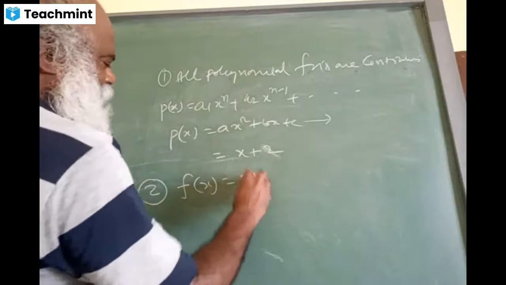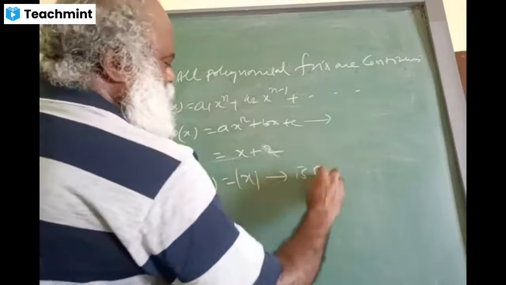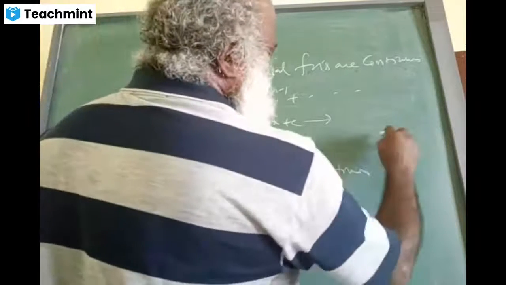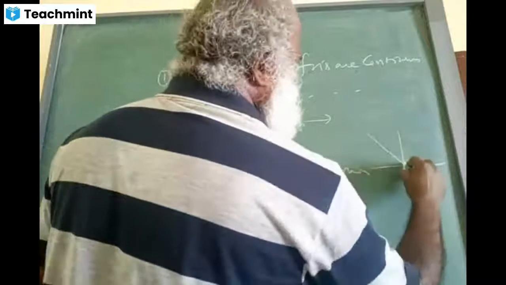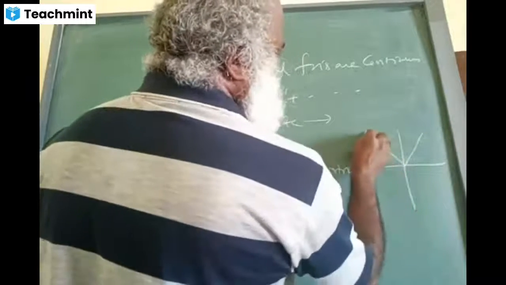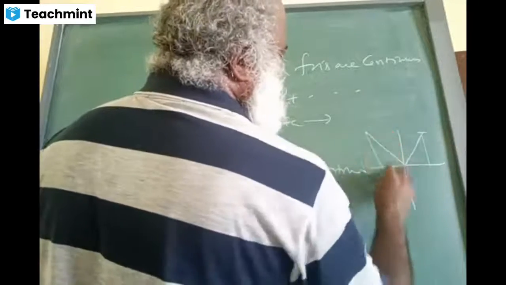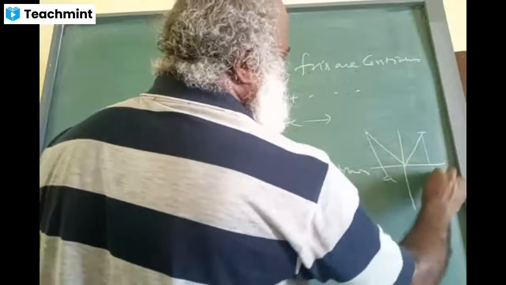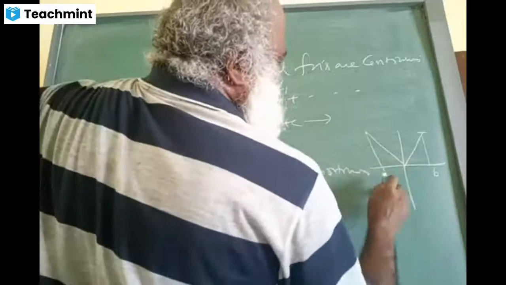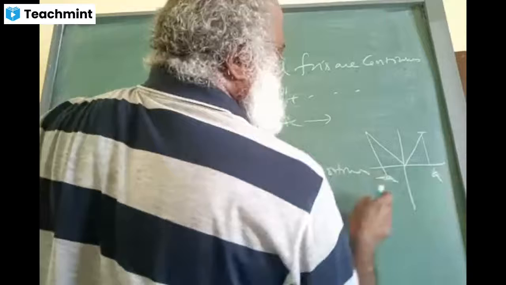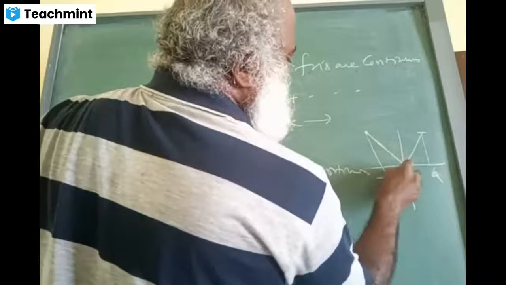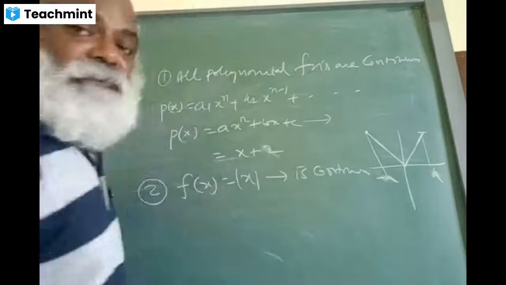Number 2, f of x equal to mod x is continuous. Do you see that? From a to b, or minus a to a, from here you start, you can comfortably travel till this point without lifting your pen.